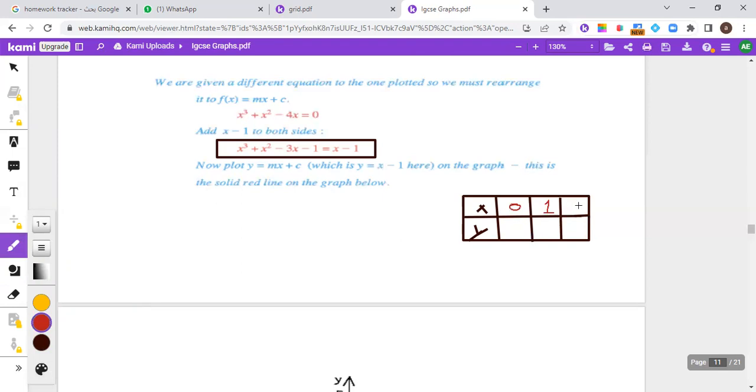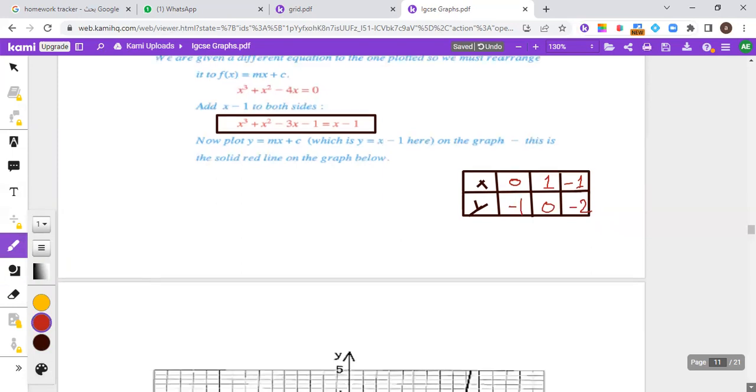0, 1, negative 1. When x is 0, y is what? 0 minus 1, negative 1. 1 minus 1, 0. Negative 1 minus 1, negative 2. Then you make the line. You draw the line here.